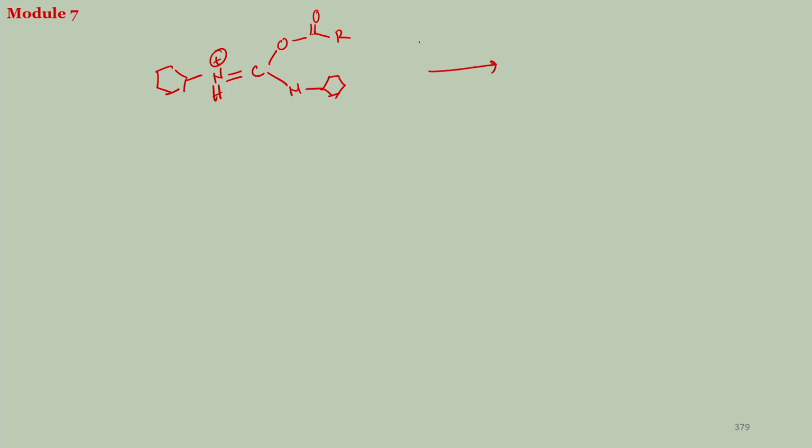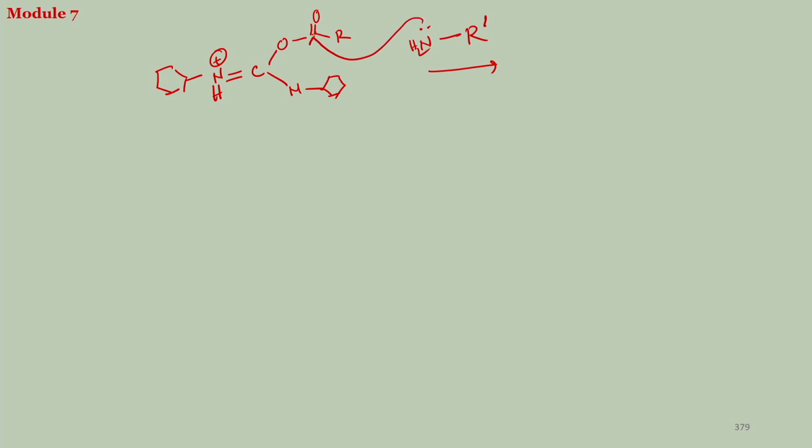Now, we have the amine. Let us say you have taken another amino acid, I am just writing R for the amino acid part, it is R prime, R dash here. So, now this is the activated carbonyl complex.